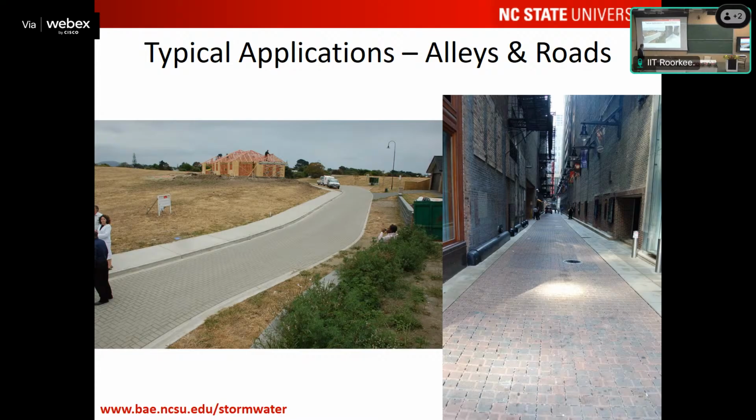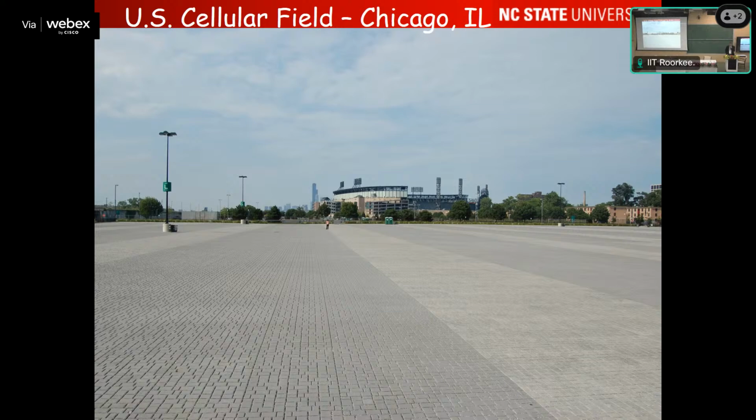So understanding that it's not a major thoroughfare, but it is something where the traffic loading is okay, you can have permeable pavement and expect it to work. And here's another example in Chicago of a very, very large overflow parking lot, all right?